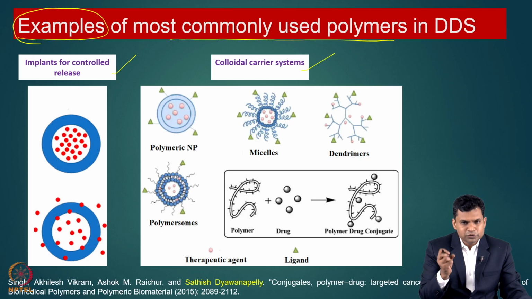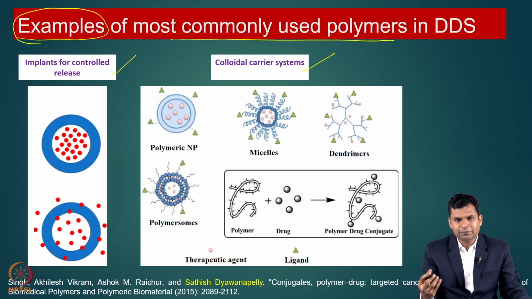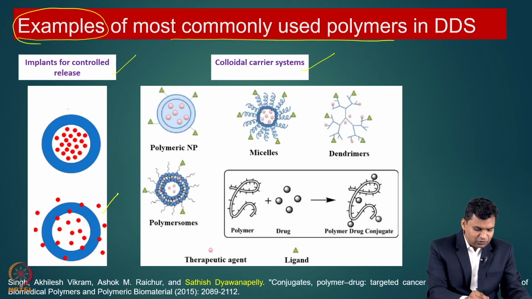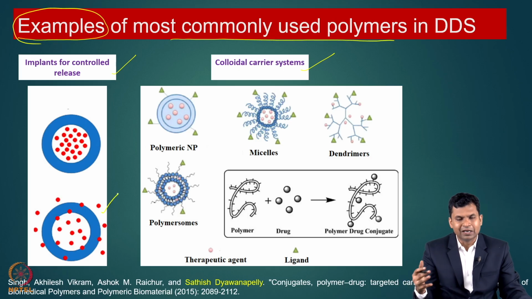When you use polymers for implants, after encapsulating or loading the drugs into the carriers or implants, they undergo various degradation mechanisms, which control the release through dissolution or diffusion control systems, or by swelling.